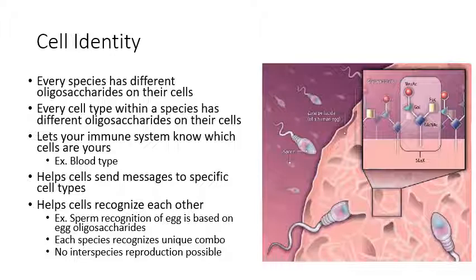The oligosaccharides that the sperm is able to bind to are going to be for the specific species that the sperm is from. So if it's a human sperm, it's going to be looking for human oligosaccharides on the surface of the egg. If it finds a different oligosaccharide there, it's not going to be able to attach to the egg. This prevents interspecies reproduction, basically, because sperm and eggs of different species don't have the right oligosaccharides to recognize each other.